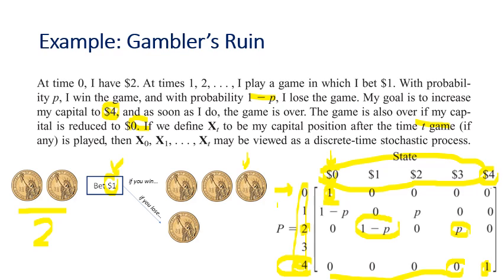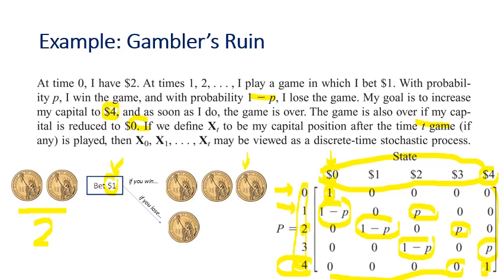If at one time step you have $1, the same thing happens. If you win, you gain $1 to become $2. If you lose, then you will have $0 in the next time step. And finally for $3, if you win, the next time you will have $4. If you lose, the next time in the game you will have $2.